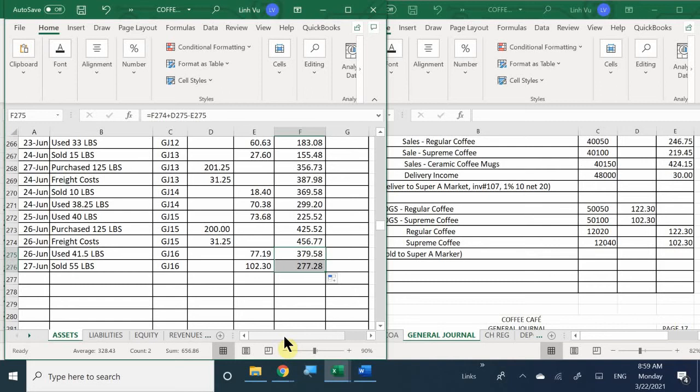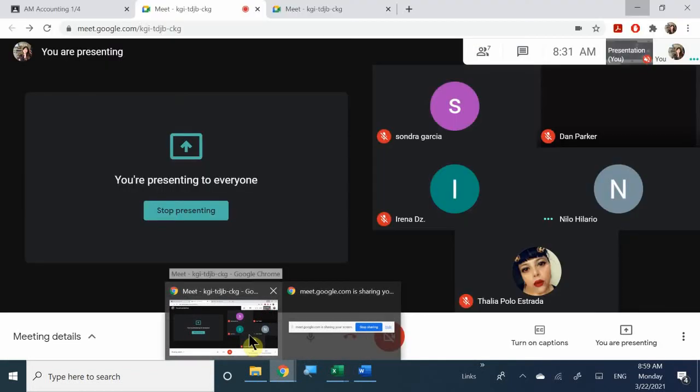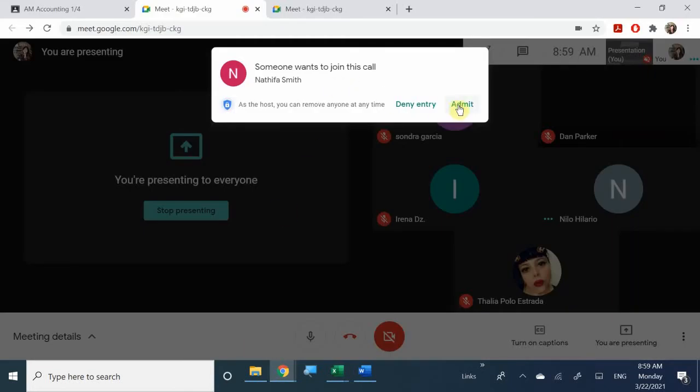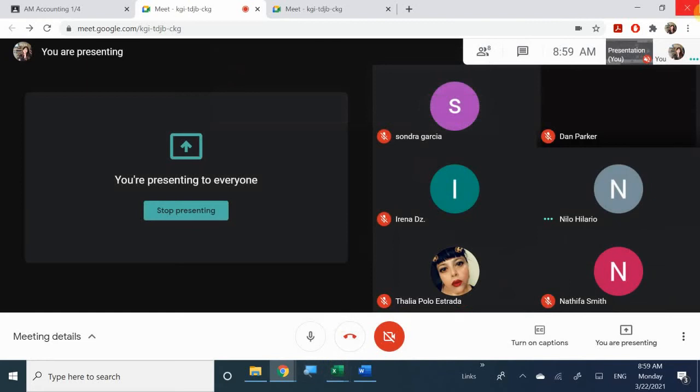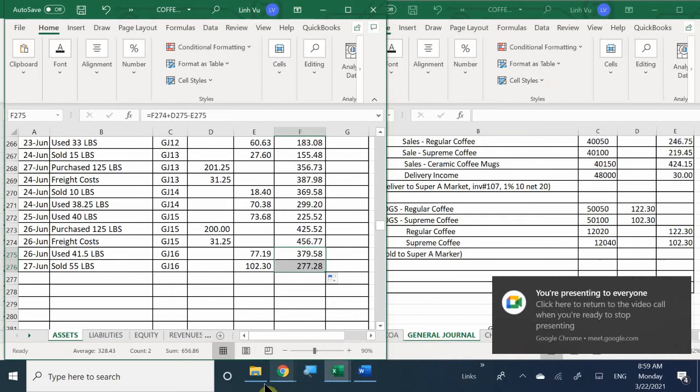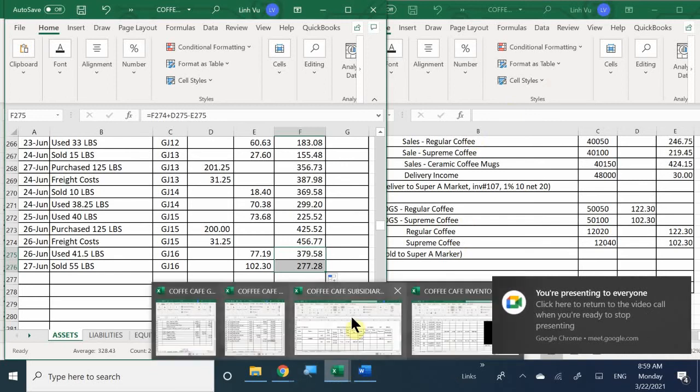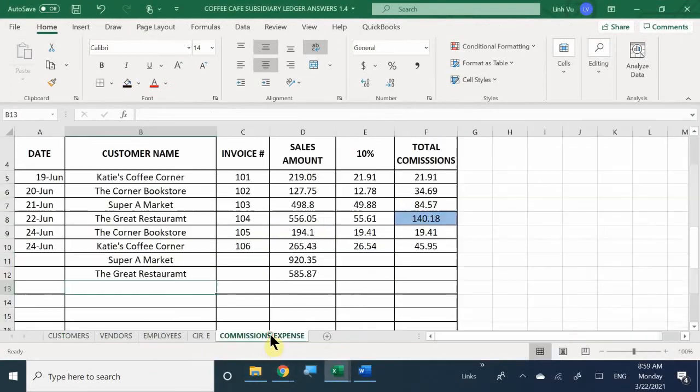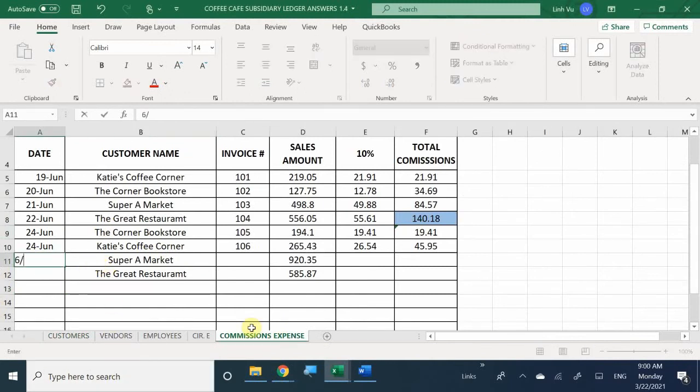Update the sales orders to add commission. Okay, so here we actually delivered to Super A Market on the 27th. It was for invoice number 107. And here we are, 29/20/35.